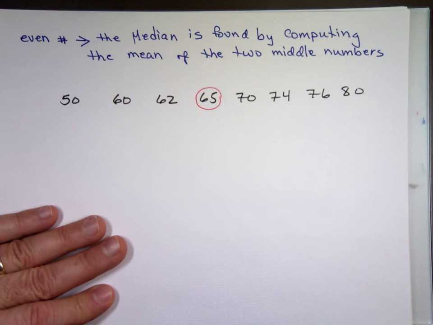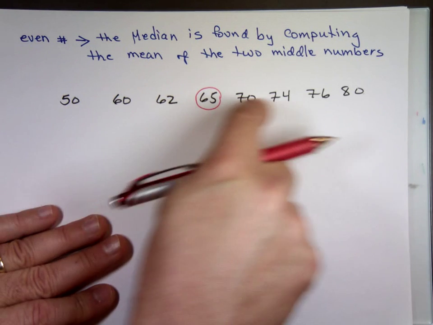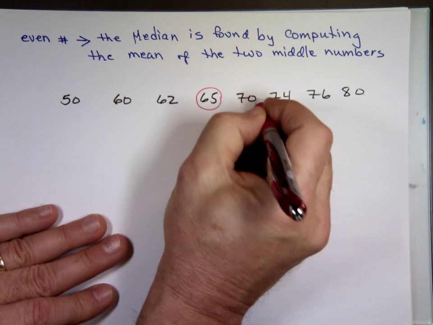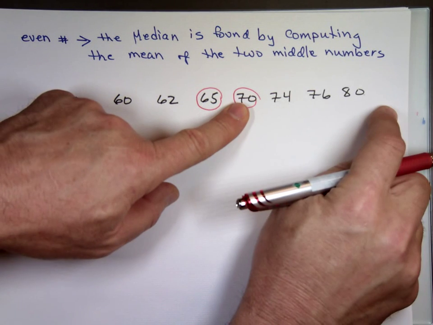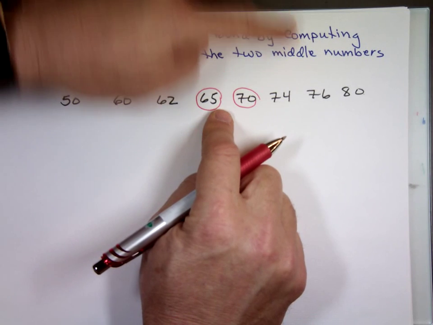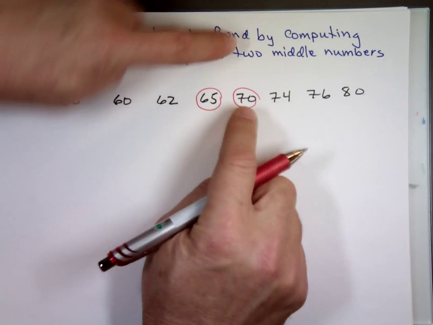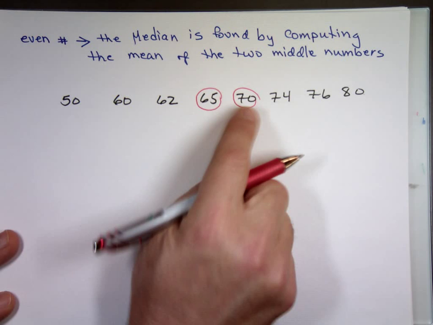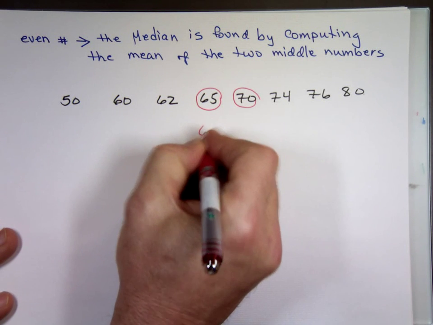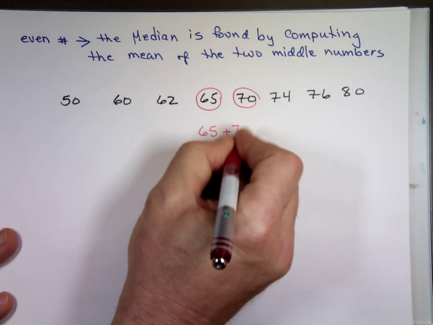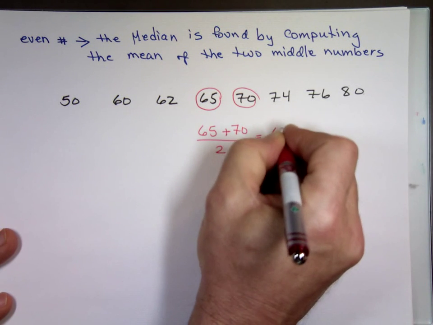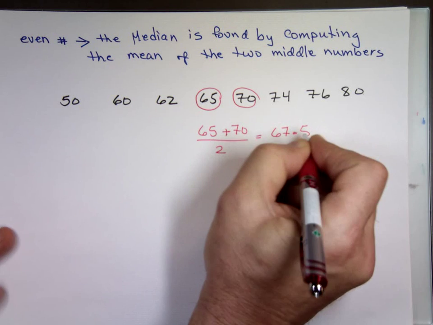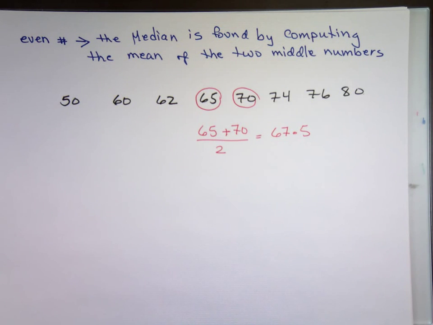Why? You have 3 to the left, and how many to the right? 4. If I take this, it's not the median. 4 to the left, 3 to the right. This one says take the average. The mean is the average of the two middle numbers. Take the average of these two numbers. 65 plus 70, divide by 2, which is what? 67.5. That's my median. That's my x tilde.